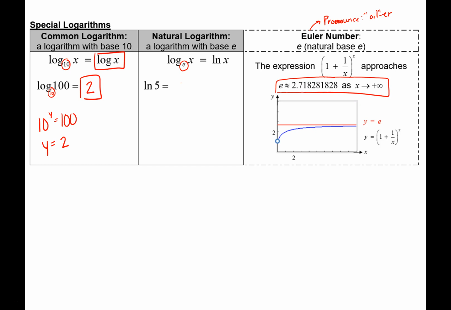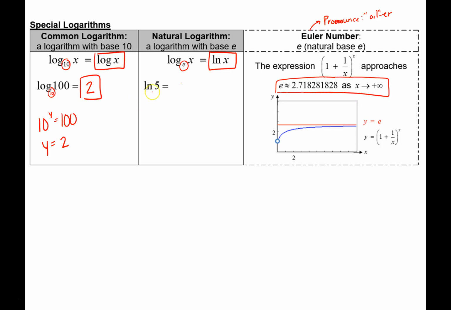The Euler number e is really nice because it is going to be the inverse of a natural logarithm. So when we write log base e of x, we're actually not going to write that. Instead, we're going to write the natural log of x. All natural log means is that we're working with base e, the same way a moment ago we were working with log base 10.